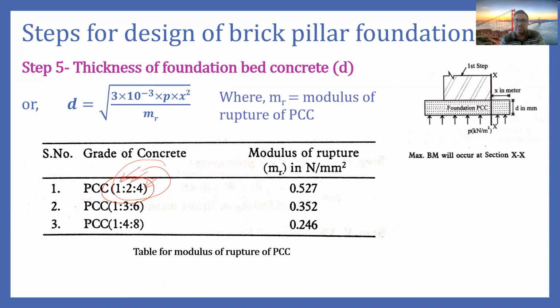We will understand this grade of PCC in another course in the next semester. Depending on this grade of PCC, we have different values of modulus of rupture. So in the question, we will be given the grade of PCC, and based on that grade, we will use the value of MR from this table.